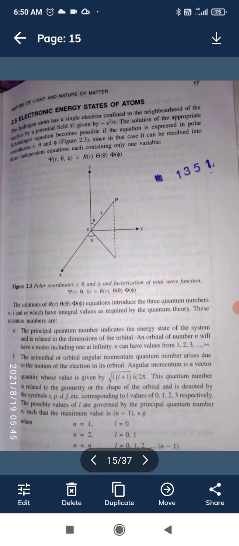There are some electronic energy states of atoms corresponding to these organic molecules. Here you can see, if you take a hydrogen atom, it has a single electron.